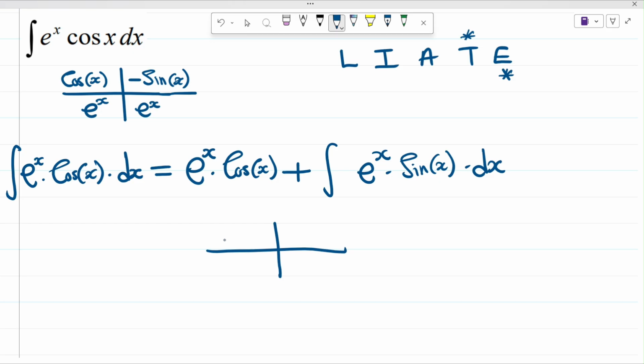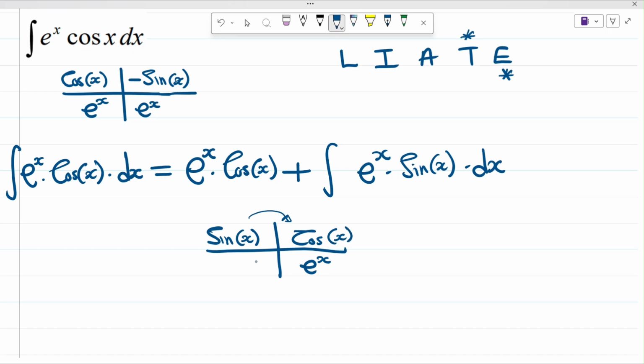I need to differentiate the trigonometric function. Sine is the one that comes first according to the LIATE order. And then e to the power x, I'm going to write it here. Then I differentiate my sine of x. How much does it become? It becomes cos of x.